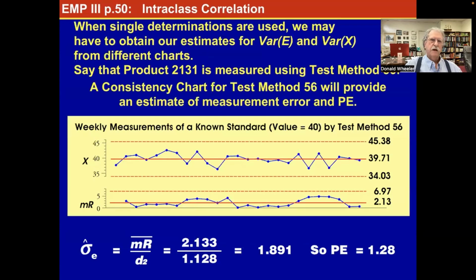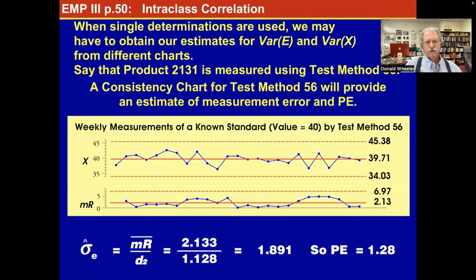When single determinations are used, we may have to obtain our estimates for the variance of E and the variance of X from different charts. Returning to the example we saw earlier in the workbook, product 2131 measured using test method 56, a consistency chart for test method 56 provides an estimate of our measurement error and our probable error.